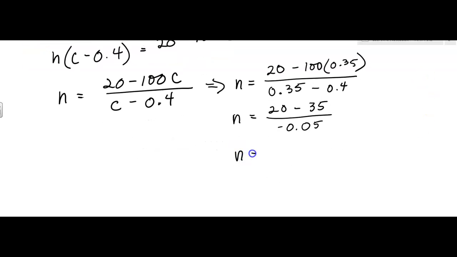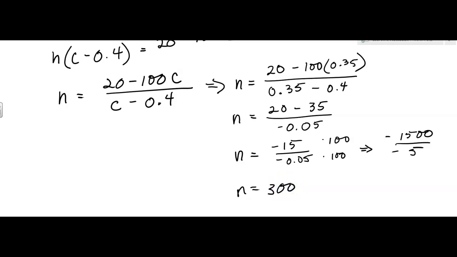And that gives me, just doing it by hand, negative 15 divided by negative 0.05. I would probably think about multiplying by 100 in both, so that I had something like negative 1500 divided by negative 5, and then I could see, oh, the answer is going to be 300.